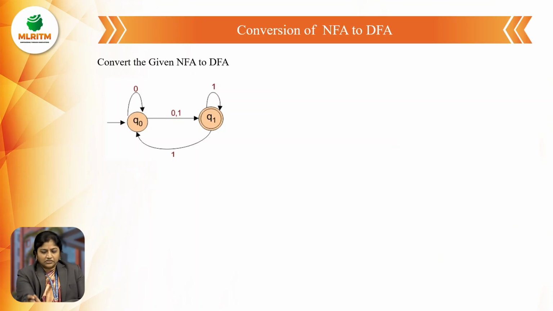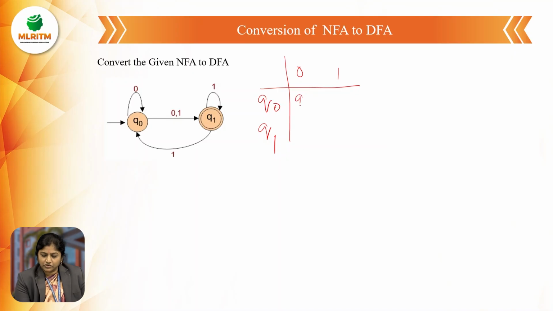First, we'll write the transition table for the given NFA, that is on 0 and on 1. How many states are there? 2 states, Q0 and Q1. Q0 on 0, where is it going? Q0 also and Q1 also.